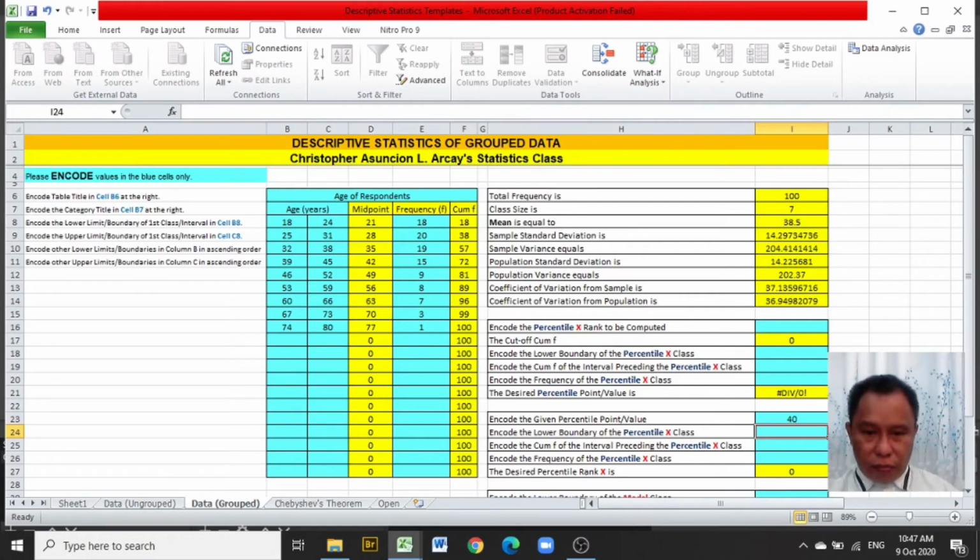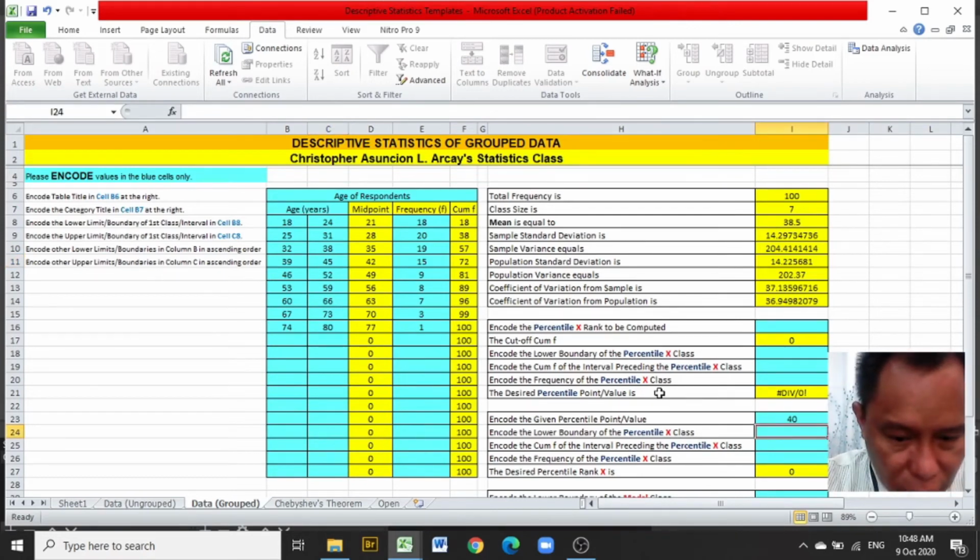Next, in what interval is 40 located? 40 is inside the 39 to 45 interval. Since 39 to 45 is the interval where 40 is located, encode its lower boundary, 38.5, because 39 is subtracted by 0.5.